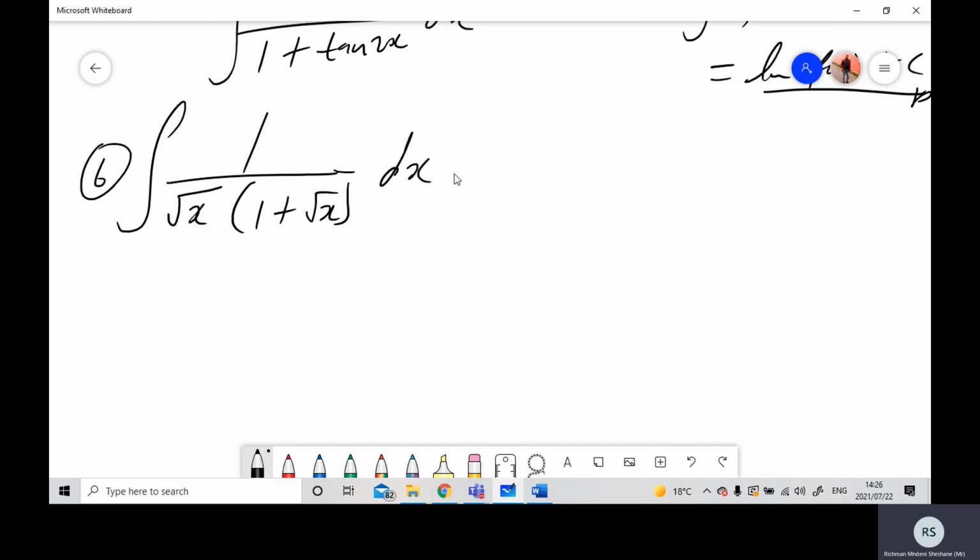Before I do this, can you think how I can evaluate this integral? I'll give you a minute just to think, or you can pause this video and try it. Don't cheat, because I'm going to give you a solution now.